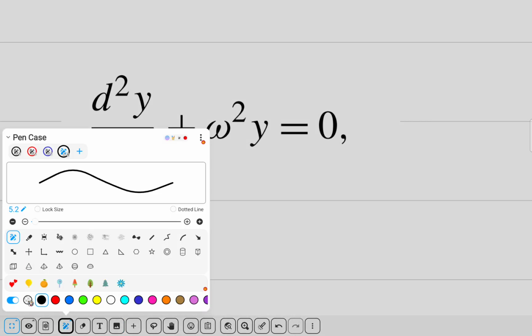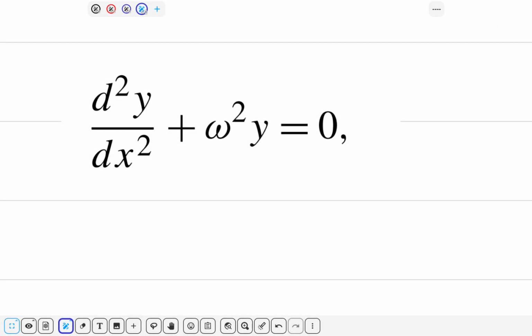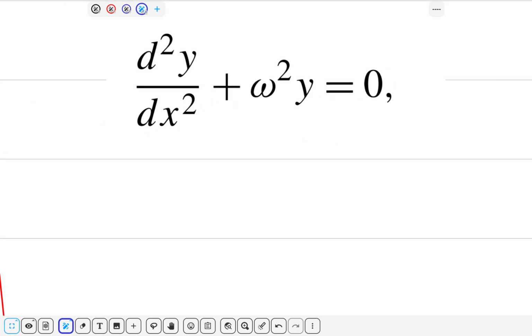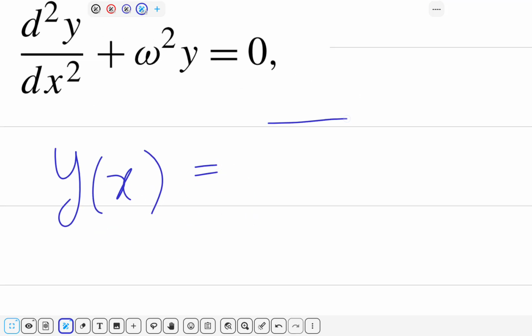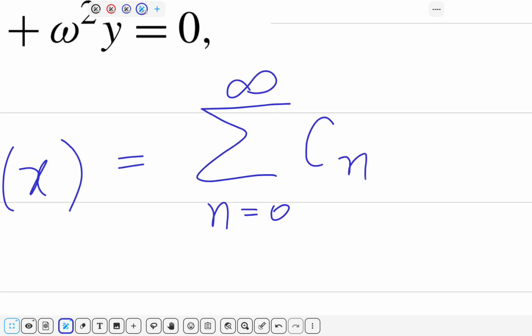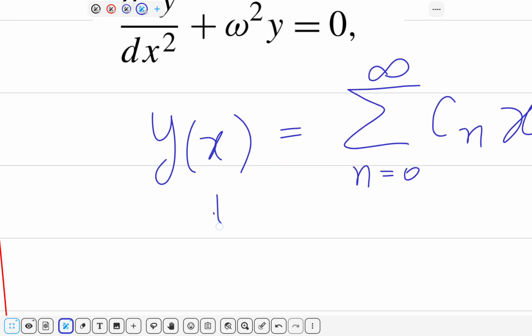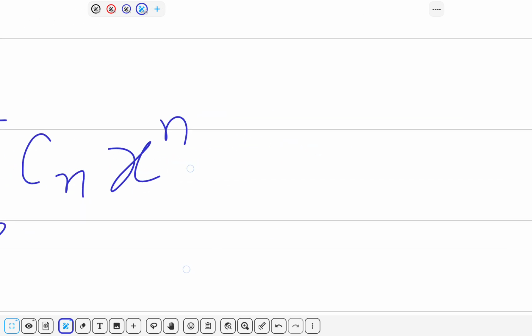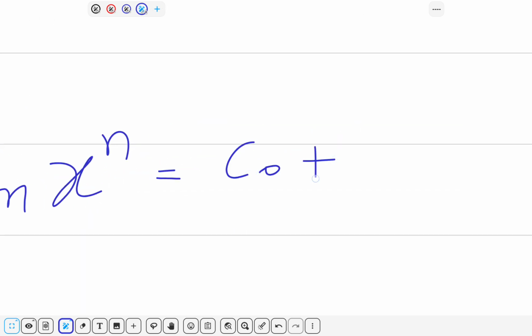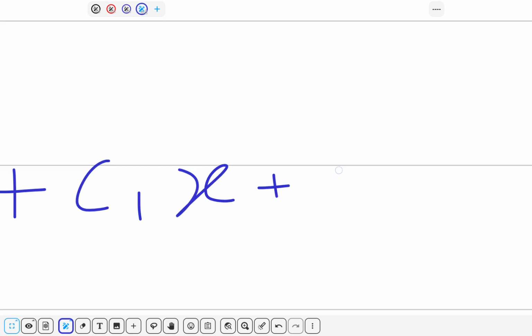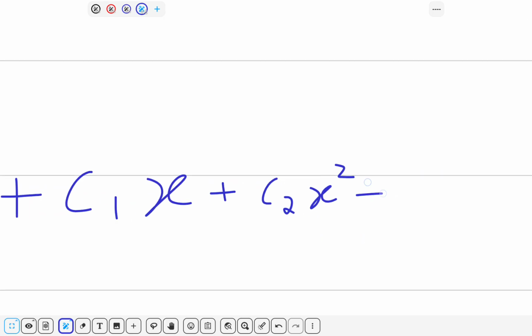Now, if I assume that the solution of this differential equation is a linear combination of all the polynomials, first of all, I have to differentiate this thing twice, and also if I expand this, this will be something like c0, c1 of x, c2 of x square, and so on.